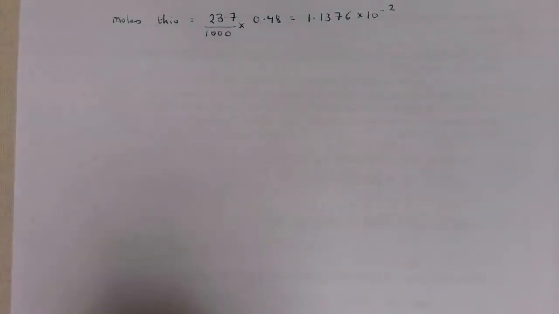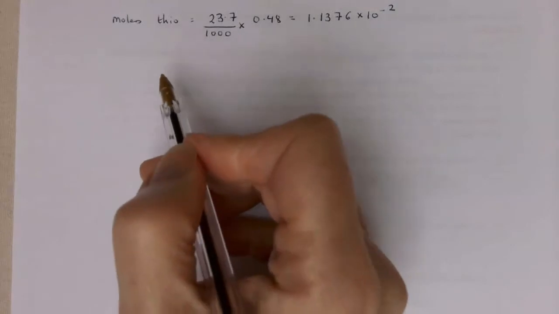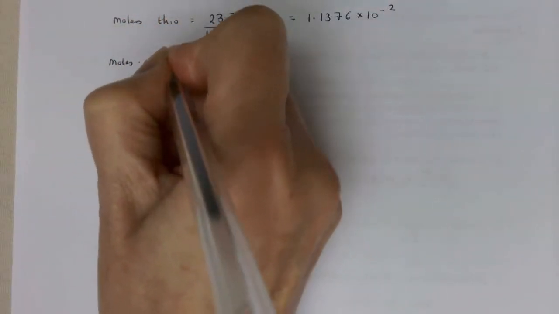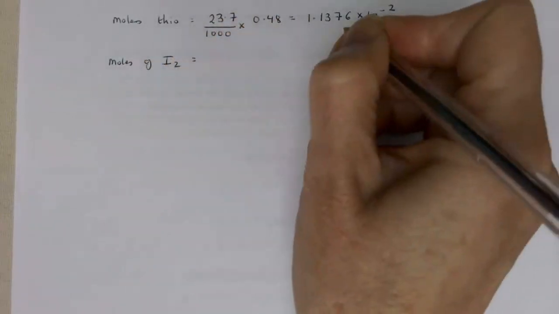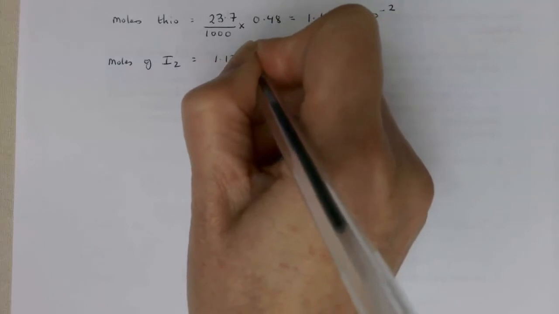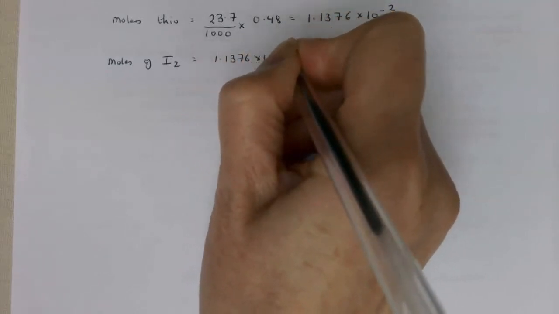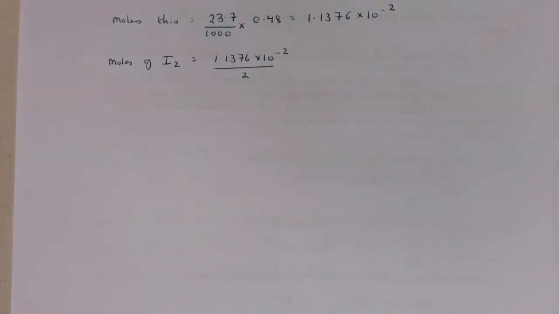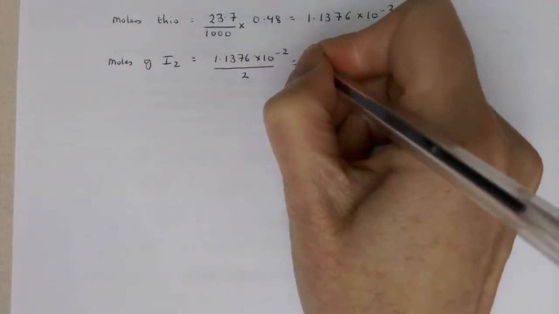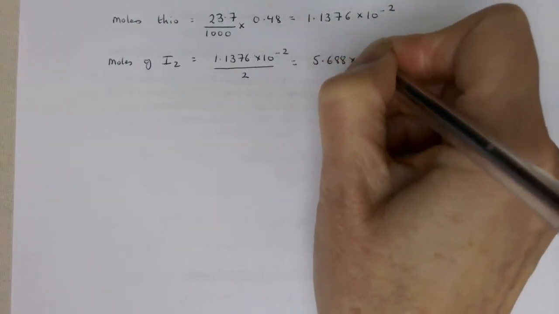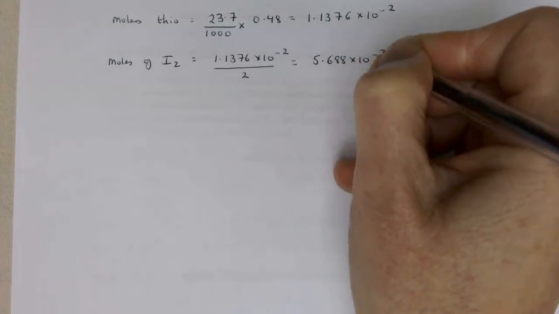So I've got my volume, I've got my concentration, work out my number of moles. So my moles of iodine is going to be this number divided by 2, and that equals 5.688 times 10 to the minus 3 moles.